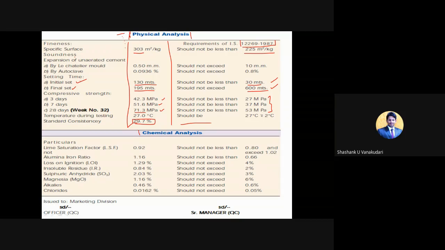Similarly, the chemicals have been provided up to certain limits, and they should not cross these limits: lime, calcium oxide, alumina, iron ratio, loss on ignition, insoluble residue, sulfuric anhydride. We have studied all those things already, and even the limits. It is just general information in these tables.